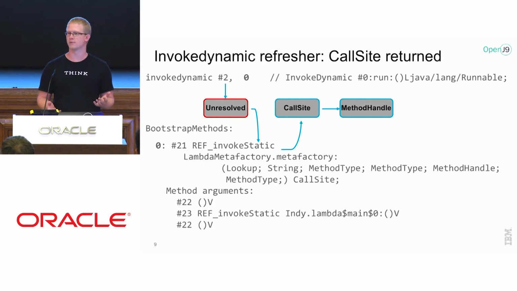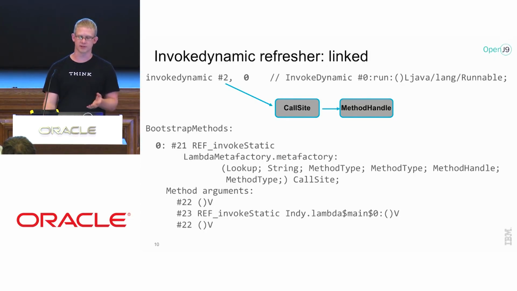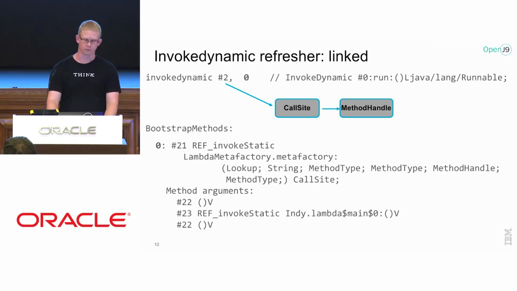And that Bootstrap method does a bunch of work. It figures out what it wants you to call at that Invokedynamic, and it gives you back a call site object, which is bound to a method handle. And then that Invokedynamic is permanently linked to that call site, and you've got some objects here to be able to return your constant, right? Or to return whatever you want to have happen there.